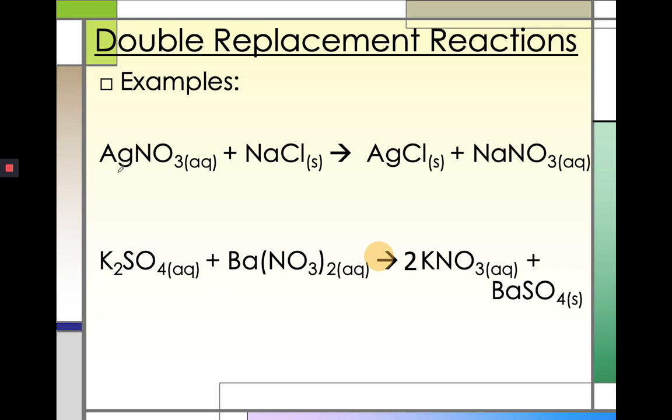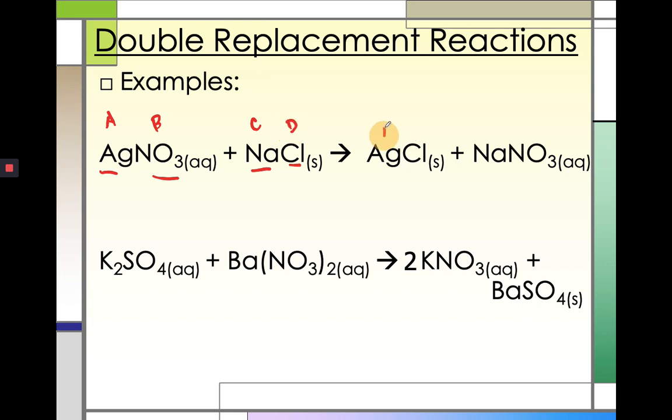So you have silver and the nitrate ion. So this is A, and then this is your B. And then for example, the metal sodium is denoted as C, and then this is D. So what we have is an exchange of partners. A binds with the non-metal of the other compound, AgCl.